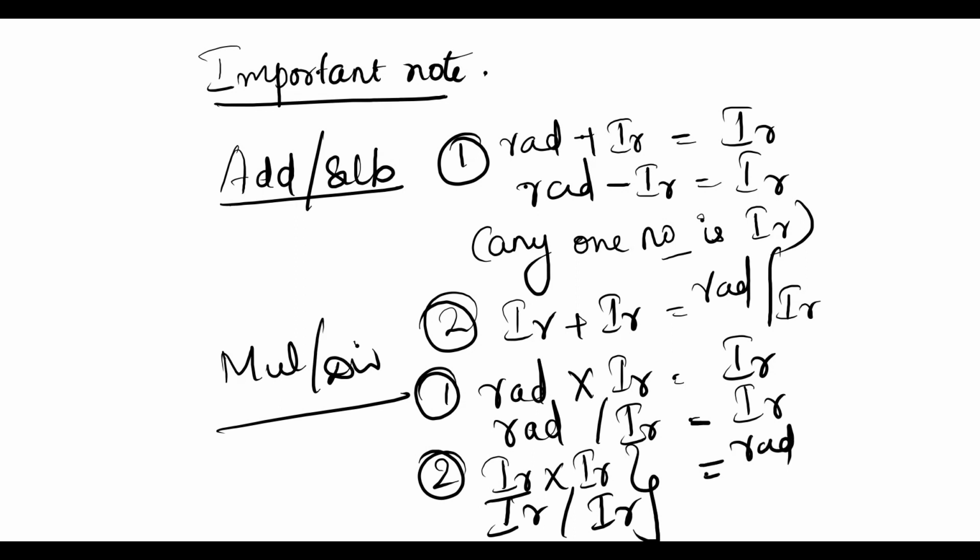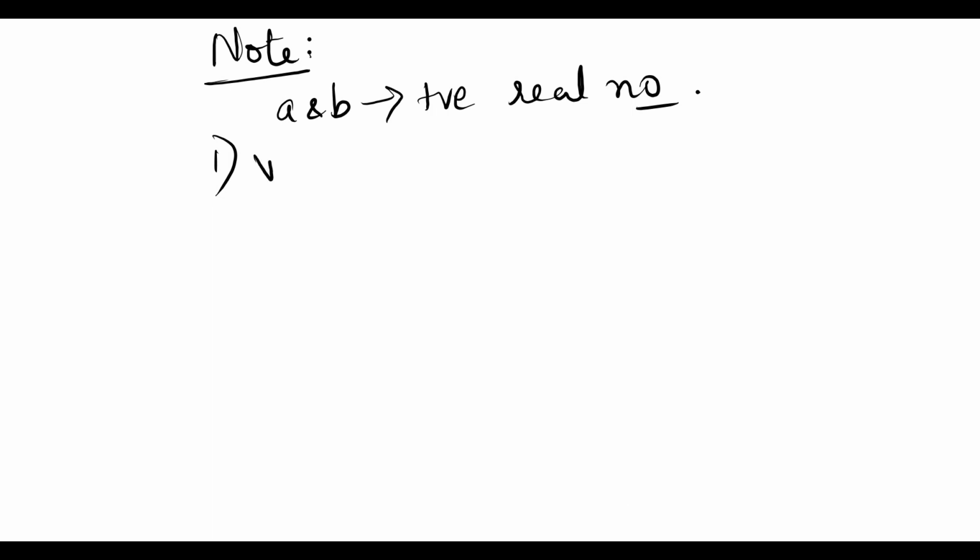So generally, for addition and multiplication, if any one of the numbers is irrational, the result may be irrational. If you add or multiply or divide any two numbers that are irrational, the result may end up with rational or irrational. So we will see the general operations.